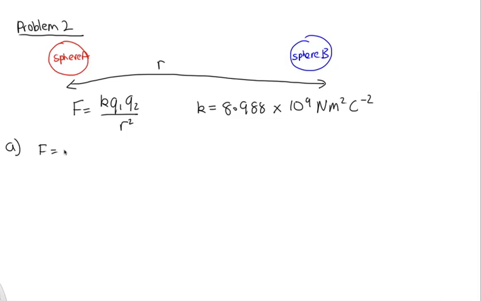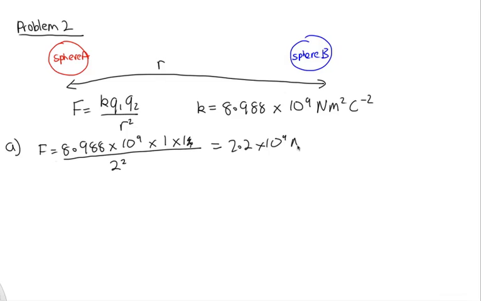So F is equal to 8.988 times 10 to the 9 times 1 times 1. And the distance in this case is equal to 2 meters, so this is over 2 squared. So solving that, we get 2.2 times 10 to the 9 newton.